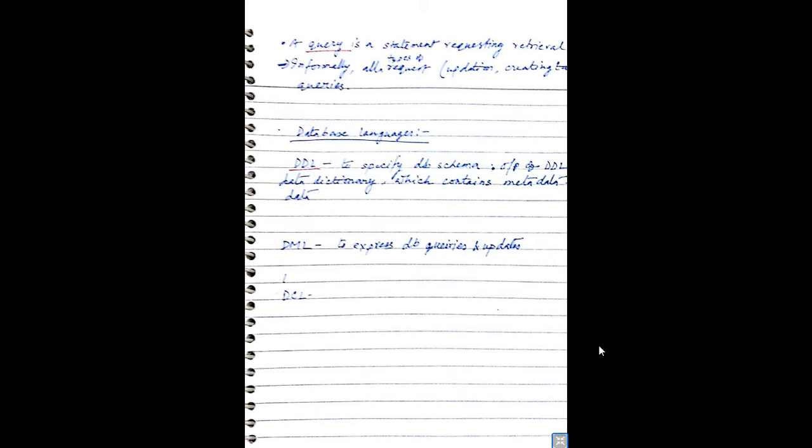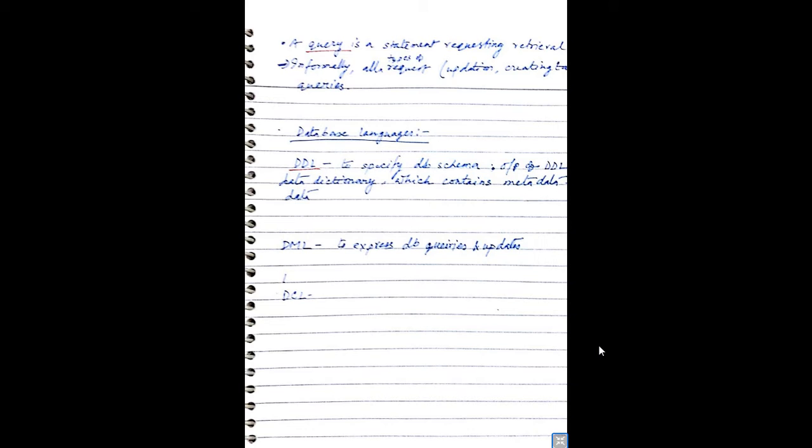Now, you have already done insertion. DML means data manipulation language.